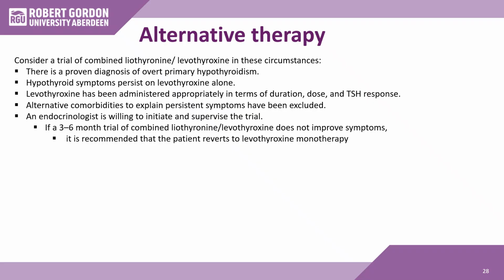So this is important. An endocrinologist is most of the time involved here, and they must be willing to initiate and supervise this trial. It normally lasts between 3 to 6 months. And if there's no improvement up to 6 months, then the person can just be kept back on the L4 monotherapy.